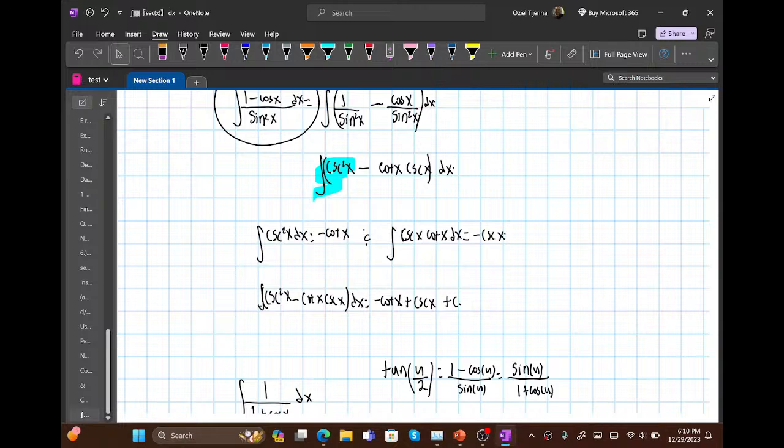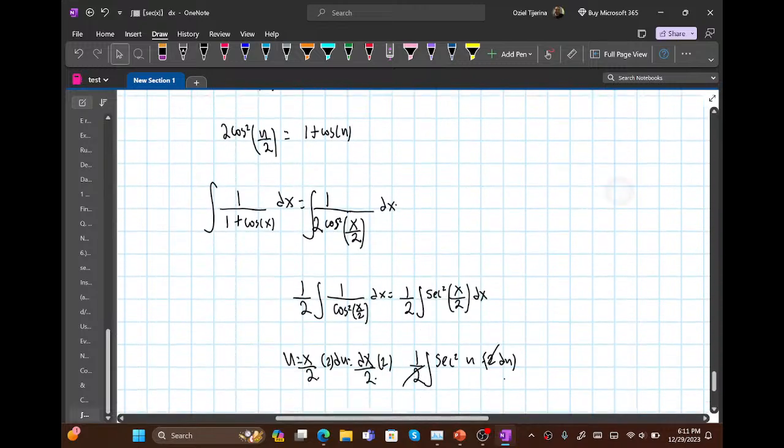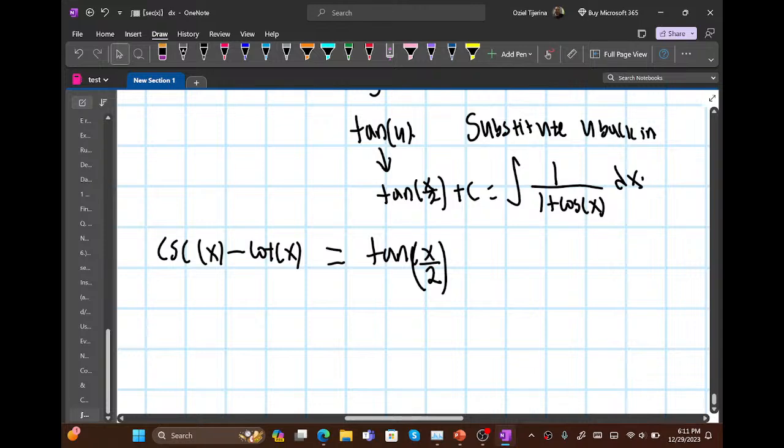Did I make a mistake? No, because it turned positive. Cosecant turned positive. Somebody tell me I'm correct. I think it was really what I wrote over here when I said cosecant x minus cotangent x.